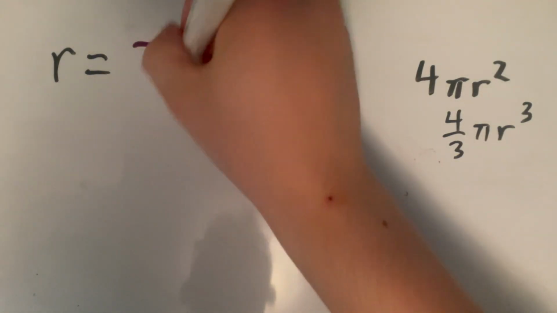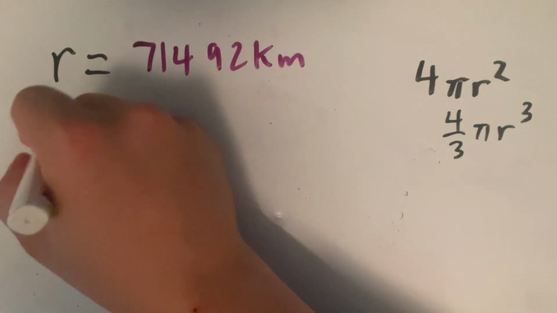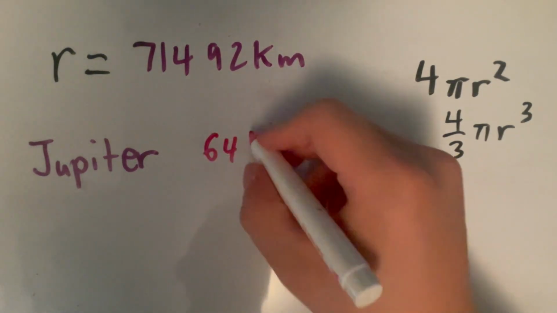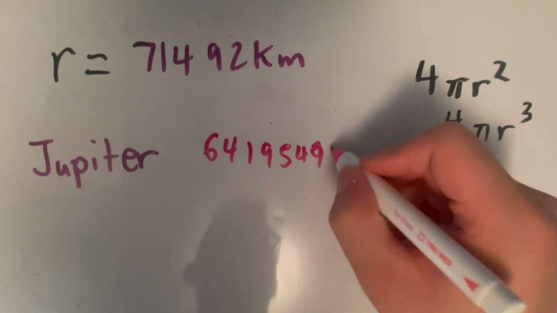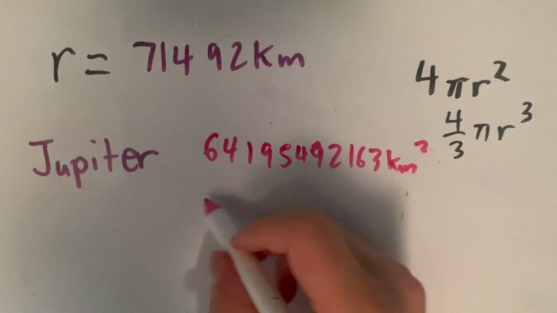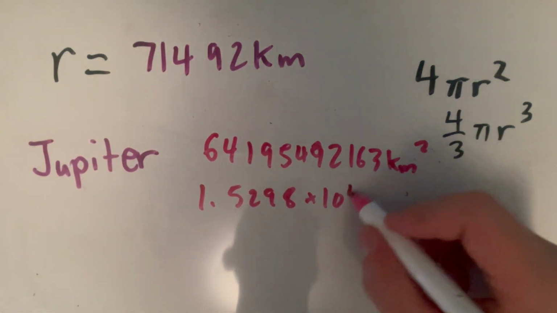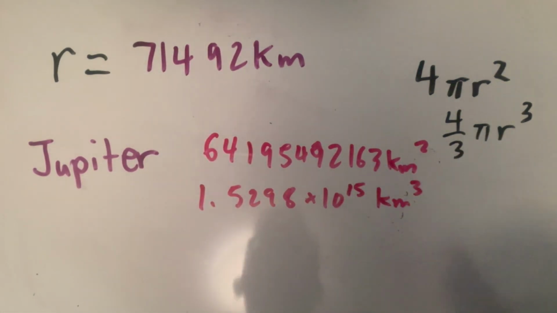For Jupiter, its radius is 71,492 kilometers, and its surface area is over 64 billion kilometers squared. Its volume is 1.5298 times 10 to the 15th kilometers cubed.